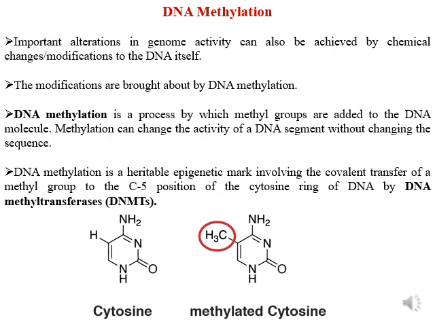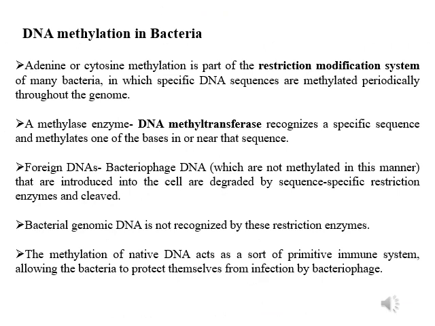You can see in the picture a normal cytosine, and on the right hand side a methyl group is added to the cytosine, so it is changed to a methylated cytosine. Such modifications bring about a chemical change in the DNA as well as modify the DNA itself. So DNA methylation modifies the DNA at those particular sites which could be cleaved by the restriction enzymes.